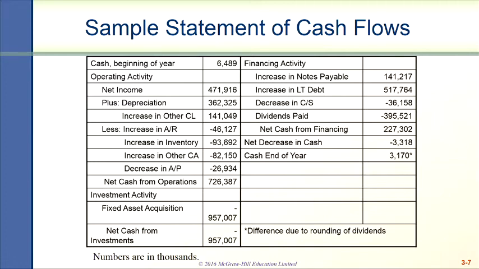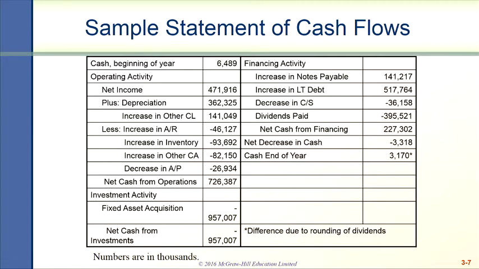Then we subtract the increases in accounts receivable, inventory, other current assets, and the decrease in accounts payable. So adding all those gave us the net cash from operations, which is 726,387.